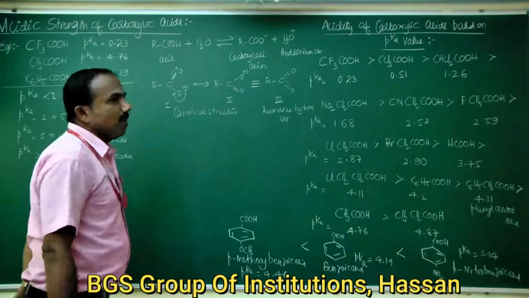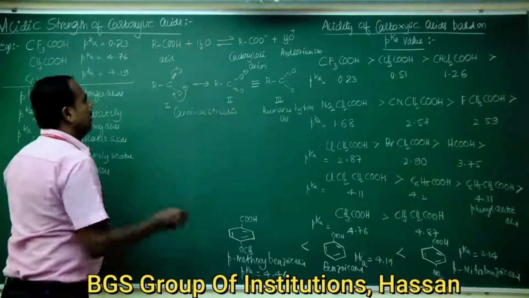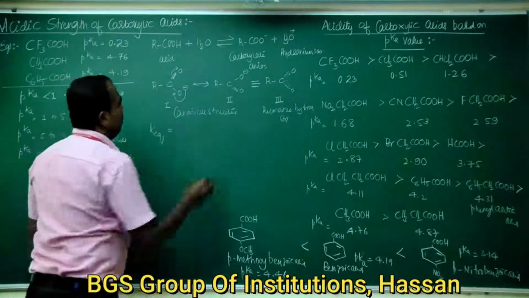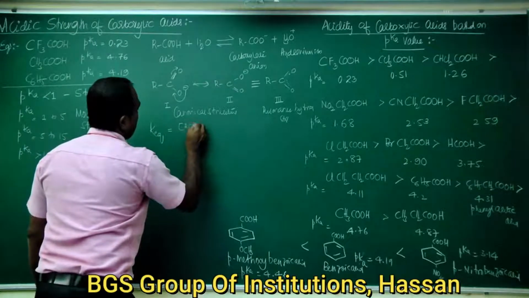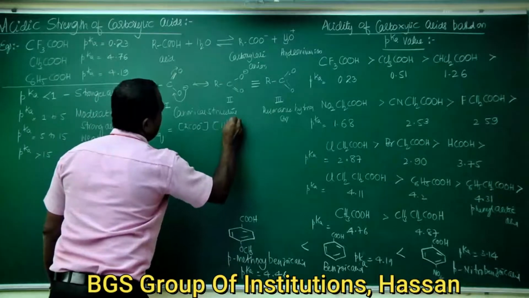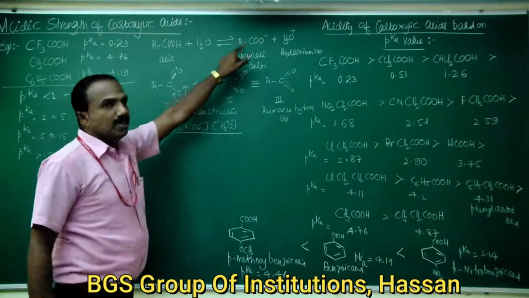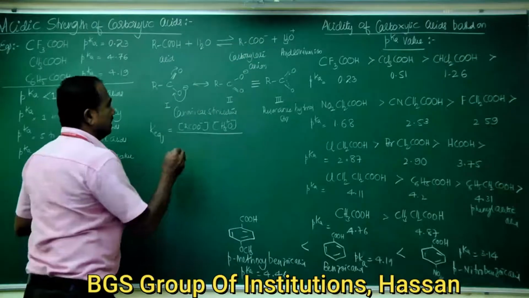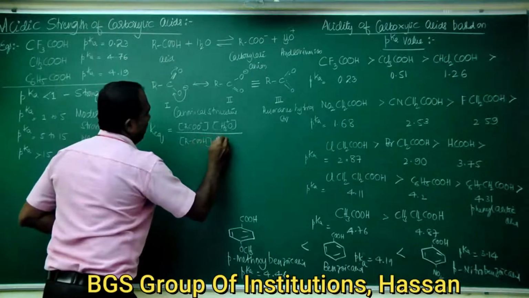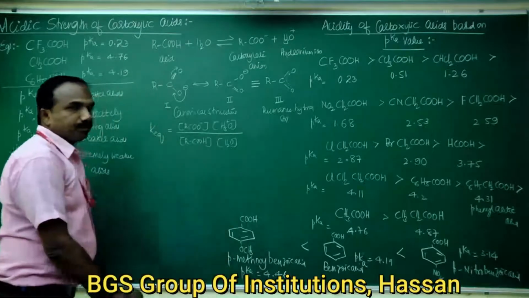Applying the law of mass action to the above equilibrium, the equation becomes Keq is equal to the molar concentration of RCOO minus times the molar concentration of hydronium ion, that is the molar concentration of products, divided by the molar concentration of reactants, that is RCOOH times the molar concentration of water.